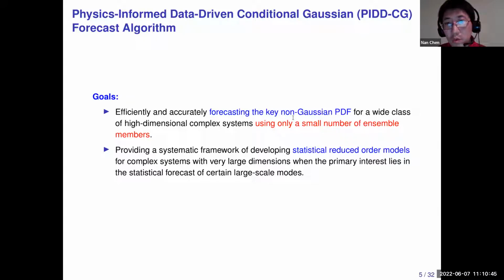So we try to overcome the curse of dimensionality. Also, in a lot of practical situations, the primary interest lies in the statistical forecast of only the leading few large-scale modes. So we also want to make use of this framework to develop statistical reduced-order models which focus on only the leading few modes. Then forecasting them will become much easier.